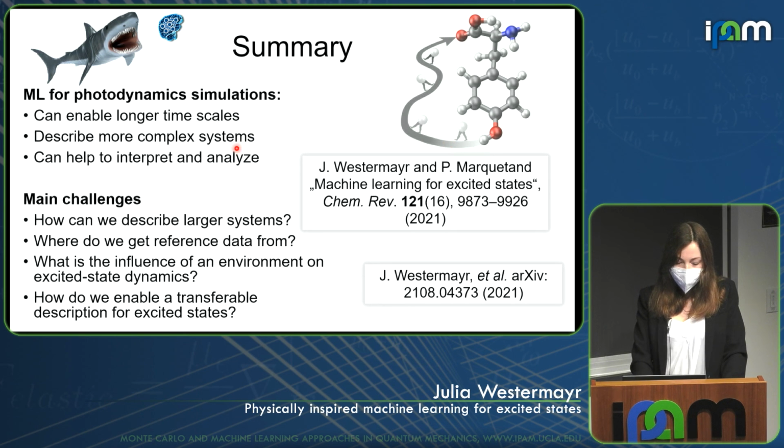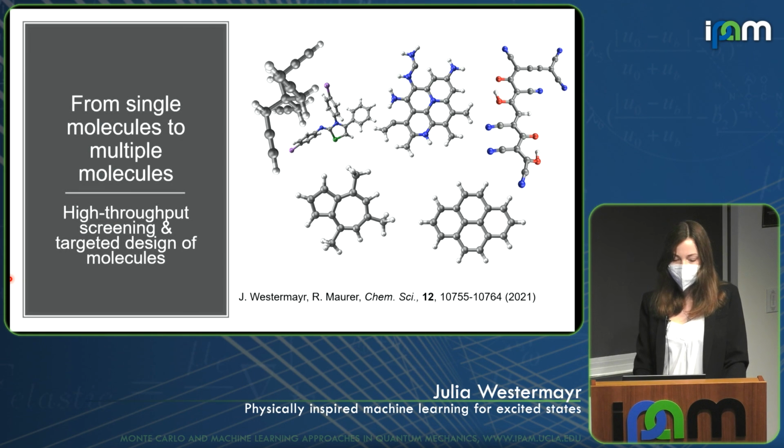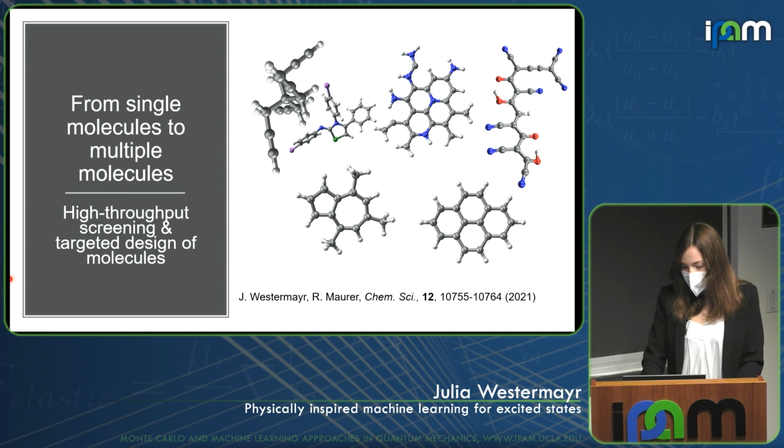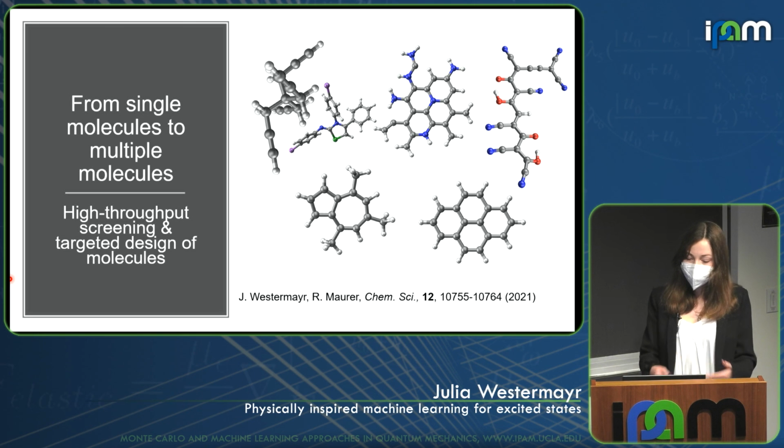During my postdoc, we tried to find machine learning for excited states that is transferable, and I want to briefly show you what we did here. The goal of my current supervisor was to do machine learning wave functions for excited states for multiple systems.